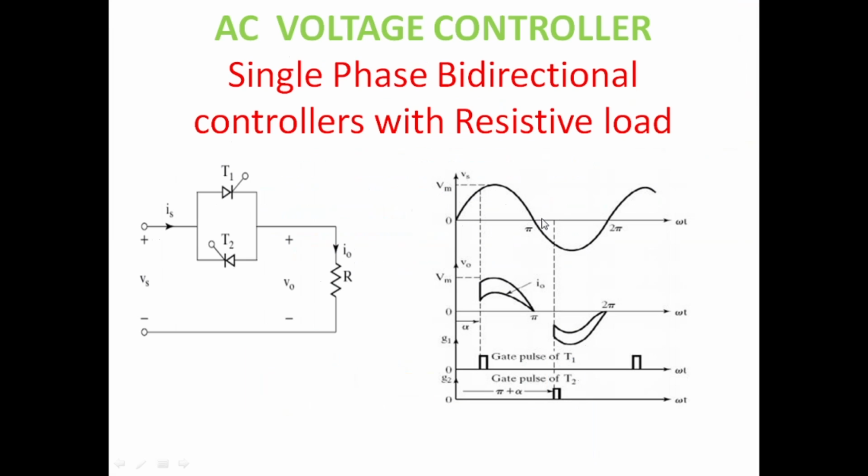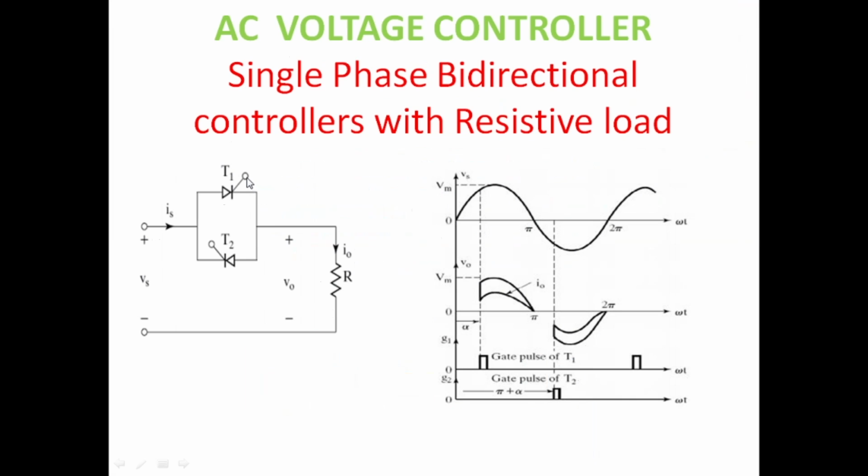This is the input. In the positive half cycle, when the input is in the positive half cycle, the thyristor T1 junctions J1 and J3 are forward biased, correct? So the anode is made more positive than the cathode.